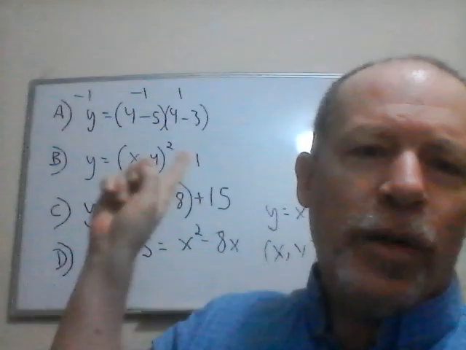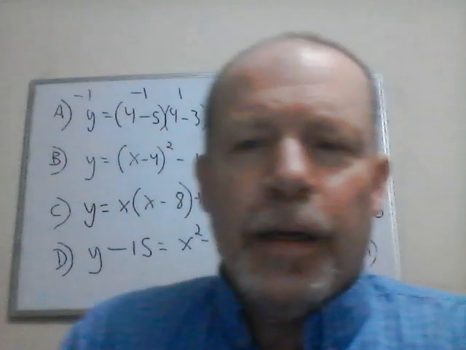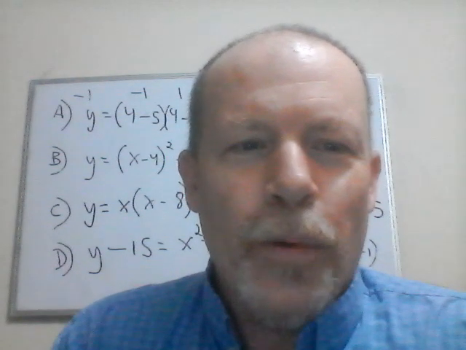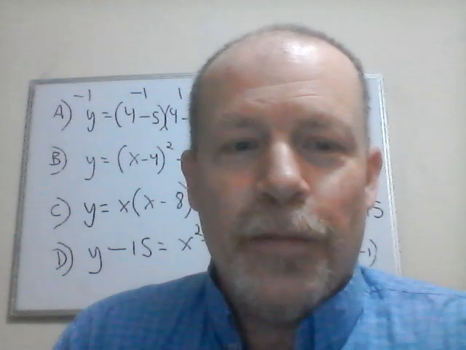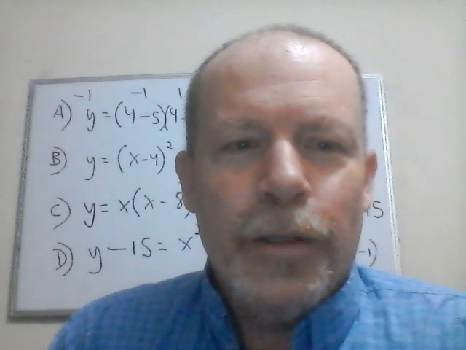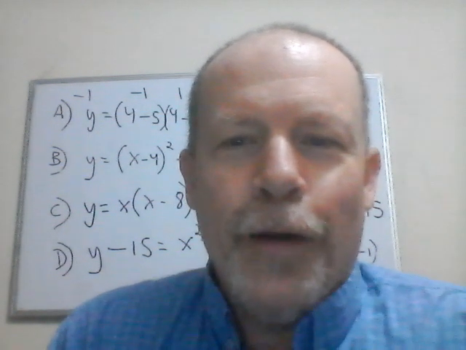If the formula looks something like this, one of the vertex values is going to be at the midpoint between two intercept values. It kind of doesn't matter what they are. If you can find the midpoint, you found a vertex point.